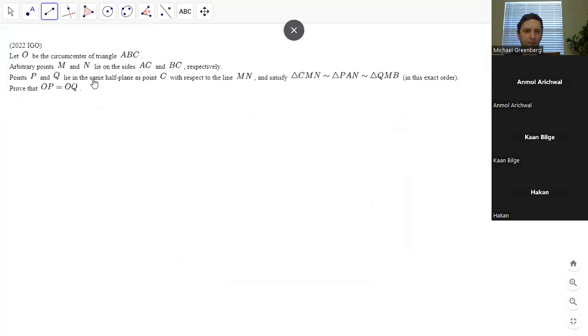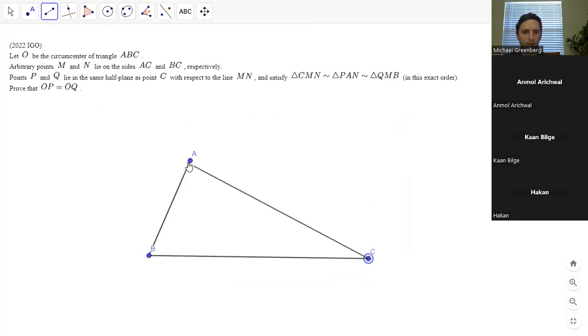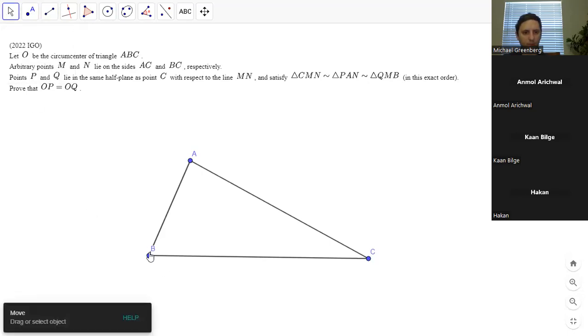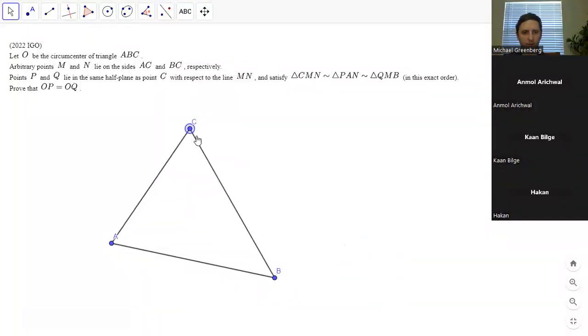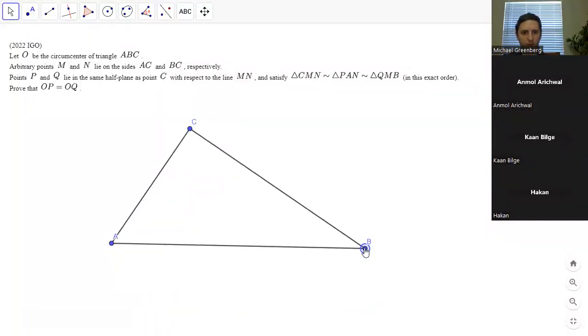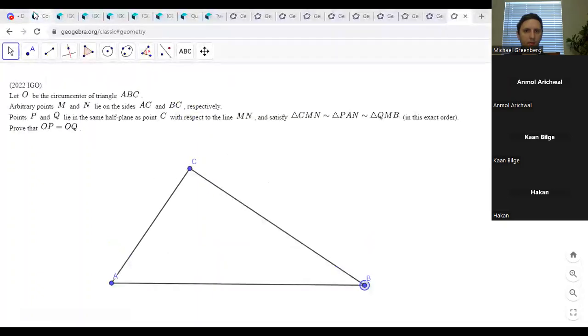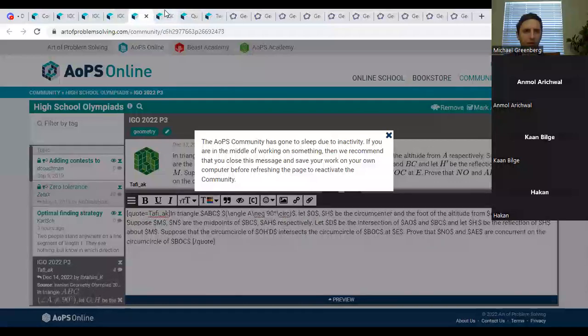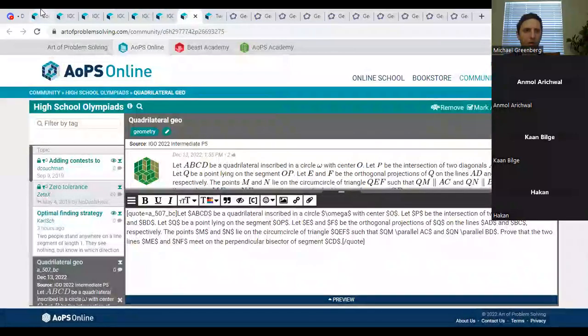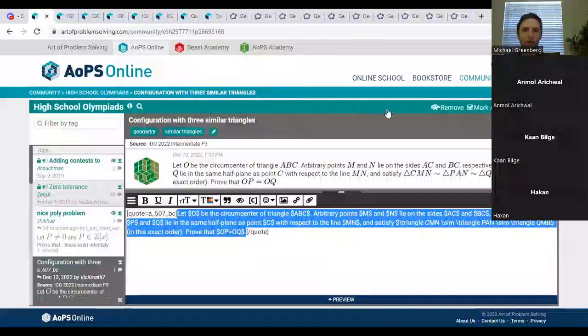So we have the circumcenter of ABC and arbitrary points on AC and BC. Maybe we want to make C at the top. This is P3, I believe, of the intermediate.